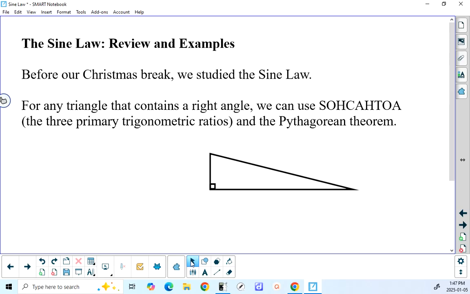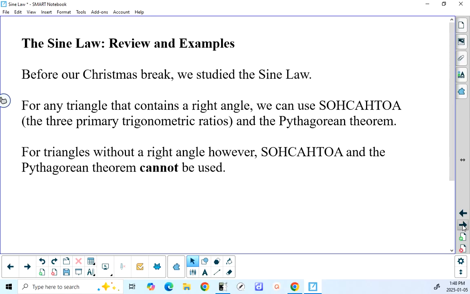If you're dealing with that kind of triangle, which we have in the past, you can use sine of an angle equals opposite over hypotenuse, cosine of an angle equals adjacent over hypotenuse, or tangent of an angle equals opposite over adjacent. You can also deal with triangles like that by applying the Pythagorean theorem, where the square of the hypotenuse is equal to the sum of the squares of the other two sides.